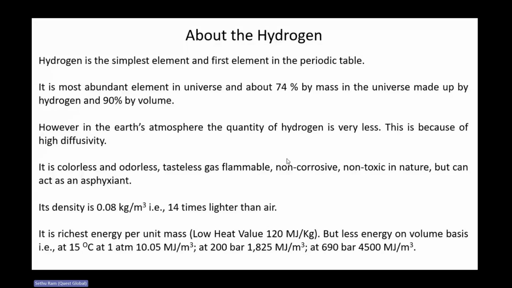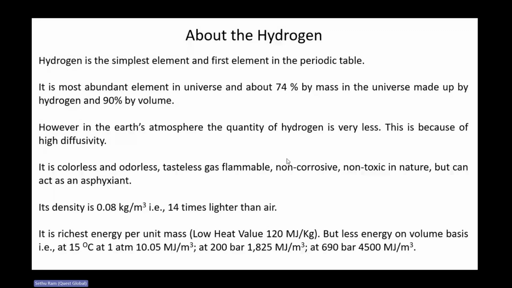So density is very less. It's 14 times lighter than air, and it has the richest energy per unit mass. Means if you consider with respect to the mass, the energy is very high, but with respect to volume basis, the energy is very less.